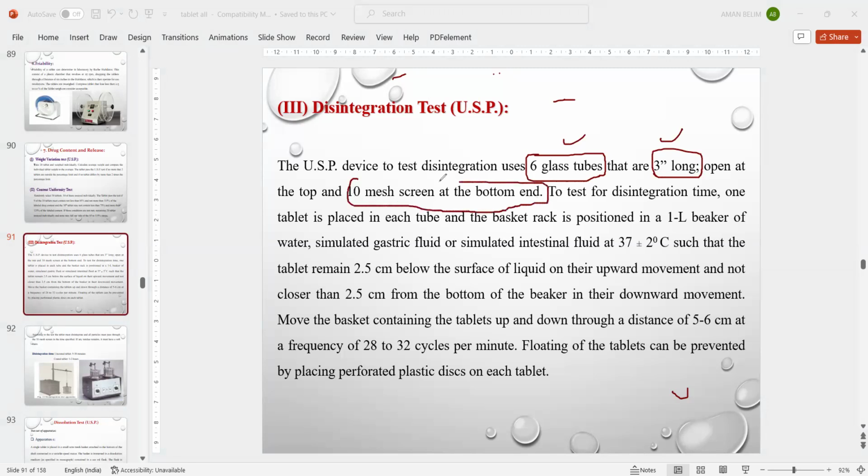I think around 2020, they asked this question in GPAT 2020: what is the mesh size for IP? They asked about IP because this is somewhat different in the IP and USP disintegration apparatus. In the case of IP, it is around 2 mm, and I think around 8 mesh.